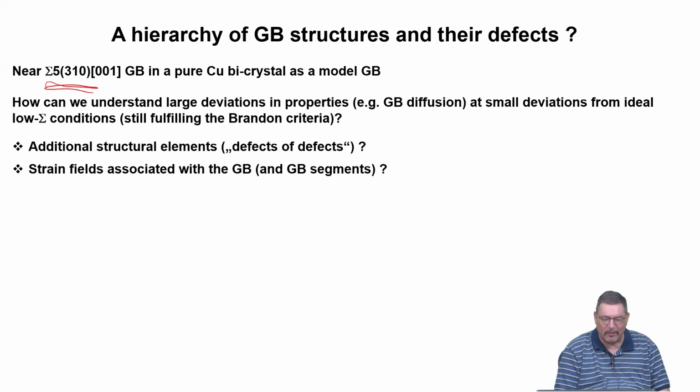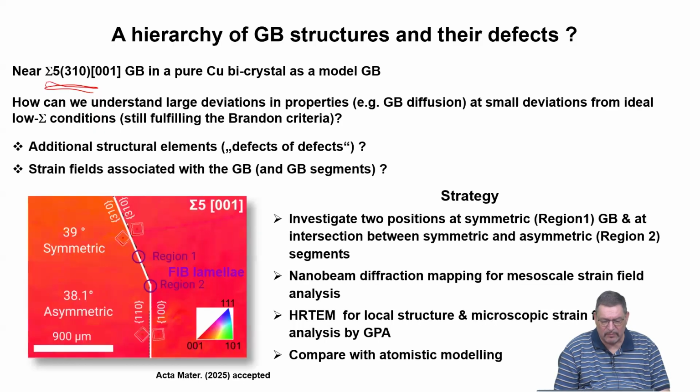So far, we are working on the grain boundary diffusion, but I just wanted to show you how these deviations from ideality, like in your case, non-coherent twins, are related to structural units in the grain boundary plane. For this, we measure structure with atomic resolution, and we also measure strain fields with almost atomic resolution.